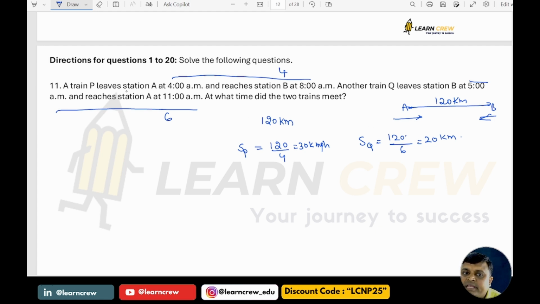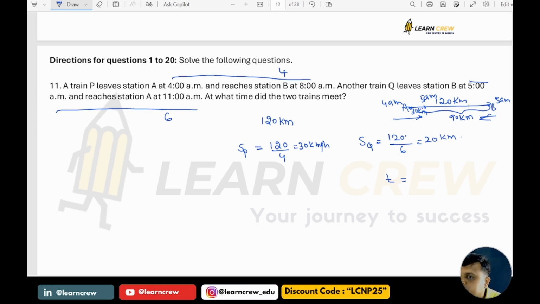Train P leaves station A at 4 a.m. and the other leaves B at 5 a.m. So, by 5 a.m., the first train has already traveled 1 hour, 30 kilometers. So, the relative distance at 5 a.m. would be 90 kilometers.